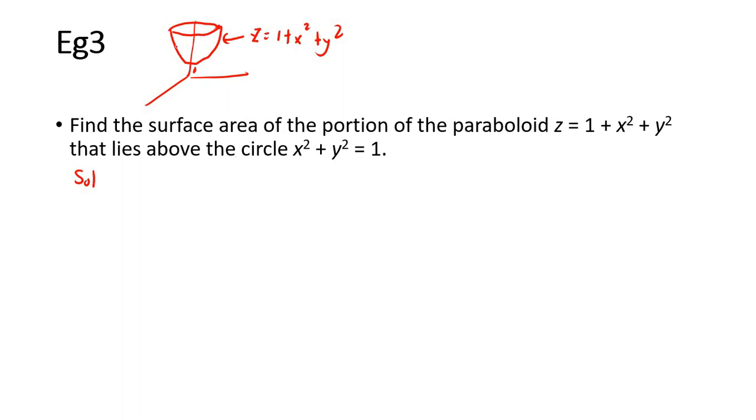That "above the circle" means its projection is actually a unit circle, x squared plus y squared equal to 1. The paraboloid has range z greater than or equal to 1, so it opens up to positive infinity. We are going to find the portion of the paraboloid from z equal to 1 up to where its projection is the unit circle.